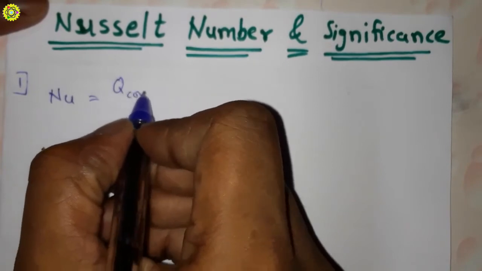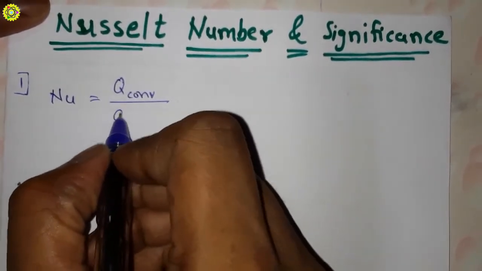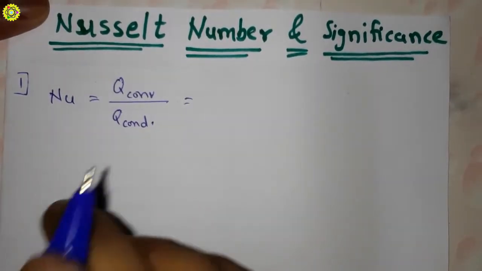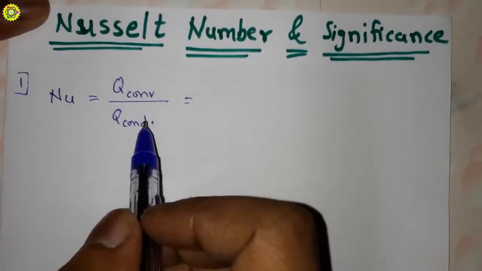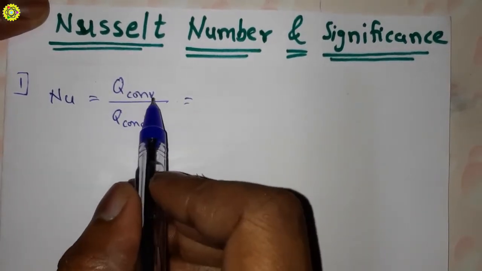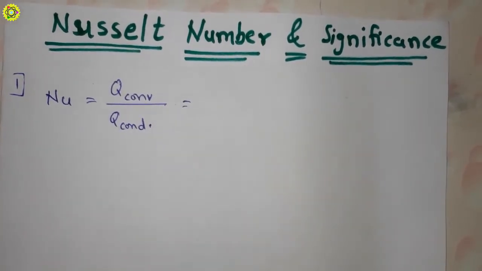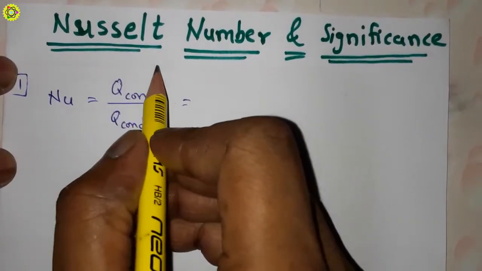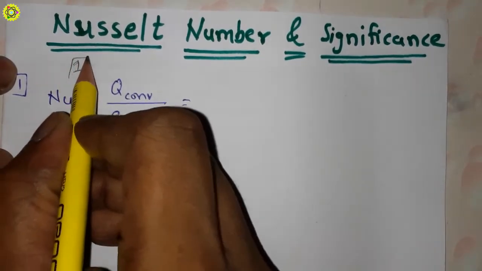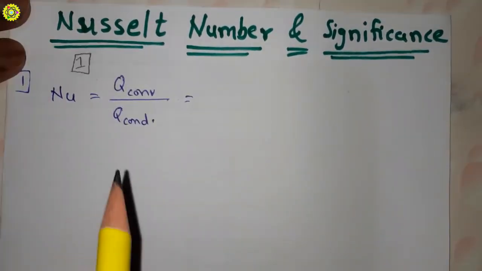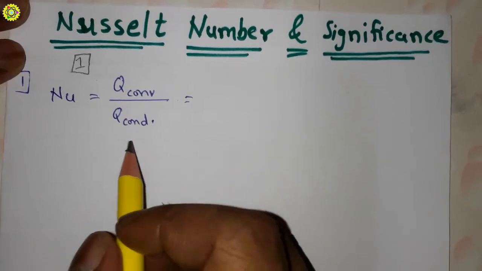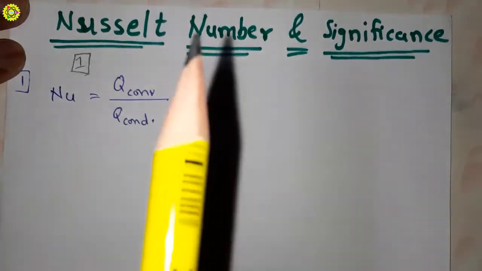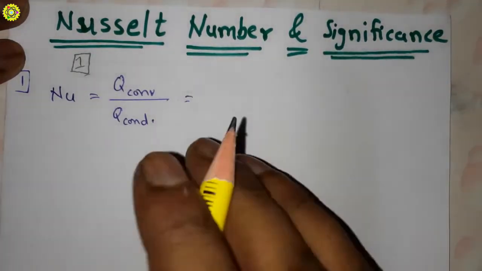Nu is equal to Q convection upon Q conduction. Nusselt number is the ratio of the heat flow rate by convection process under a unit temperature gradient, that is, the temperature gradient is 1, to the heat flow rate by conduction process under the unit temperature gradient, through a stationary thickness of L meters.